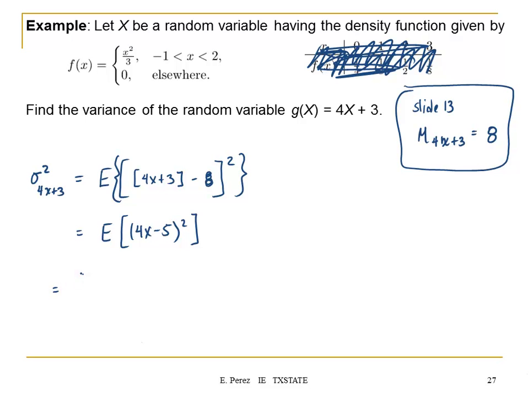So this is equal to the integration. What are the numbers for the range? Correct. So we go from -1 to 2, of 4x minus 5, squared, times f of x. What is f of x?